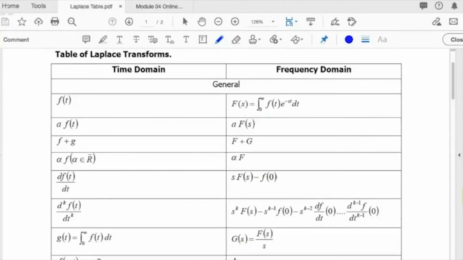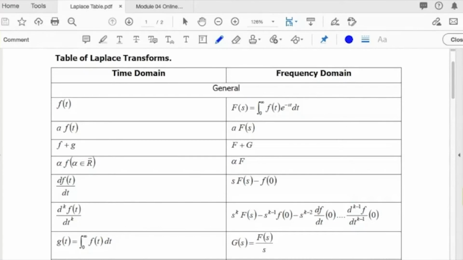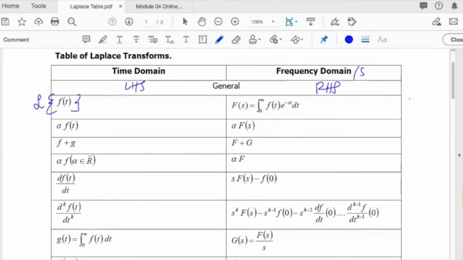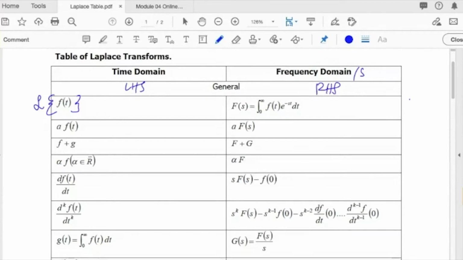Inside these Laplace tables, we have the time domain on the left-hand side, and the frequency domain, or s domain, on the right-hand side. So it tells you that if you have f(t) on the left-hand side, you can apply the Laplace transform, and it will become capital F(s).